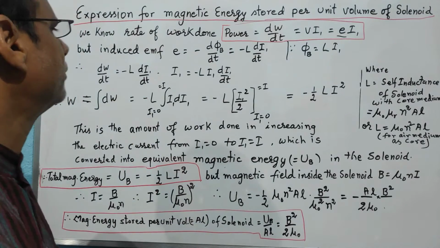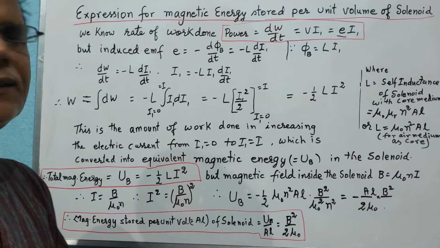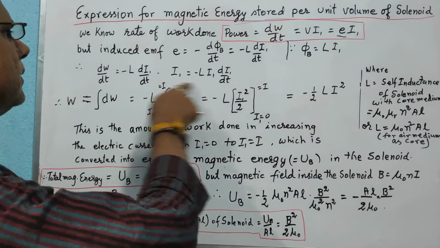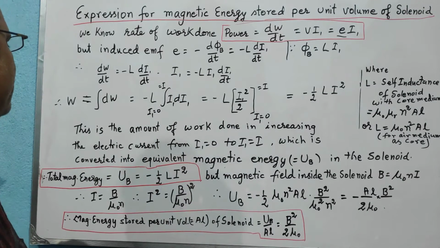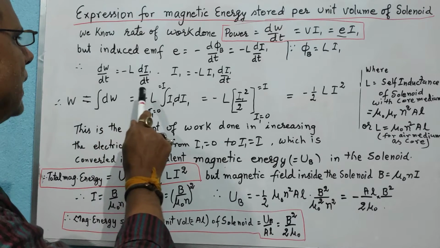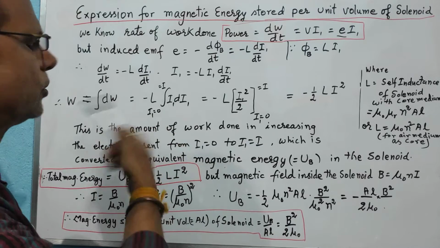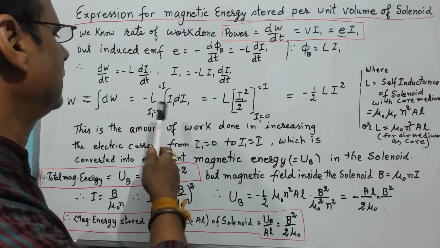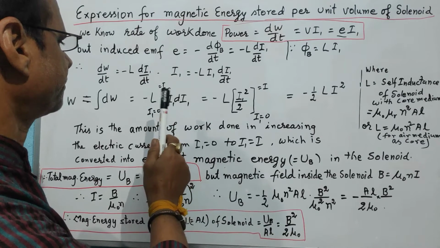Now, to find the total amount of work done, we need to integrate. Time is in the denominator on both sides, so that cancels, and we are left with total work done as the integration of dw, that is the integration of minus L, which is constant and is carried outside the integrand, and inside remains I1 di1.